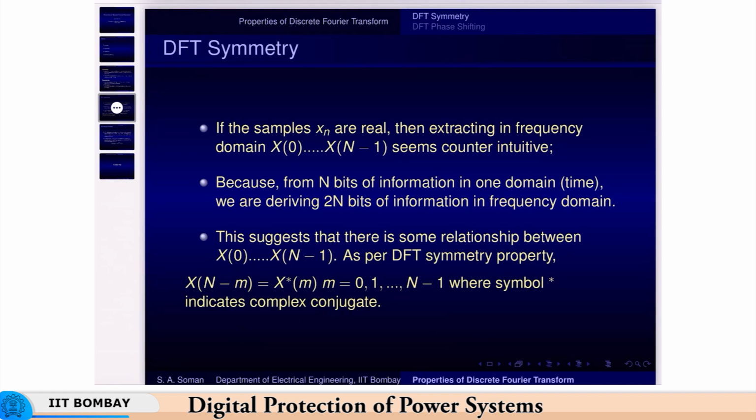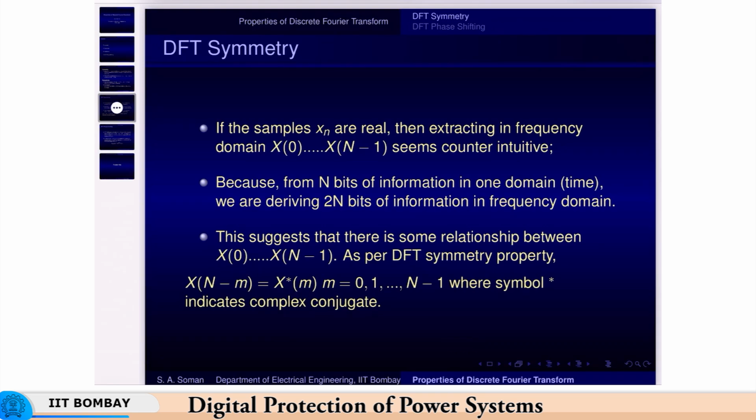Okay. So, now when you go to the frequency domain, you have the X m's where m also goes from 0 to n minus 1. So, you have n pieces there also, but they are complex numbers. Okay.